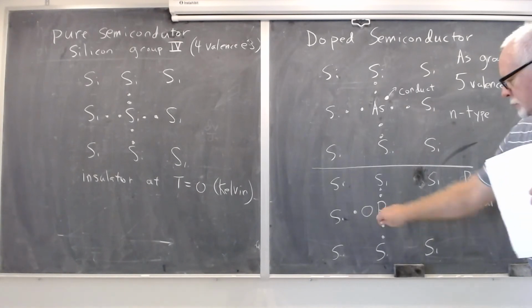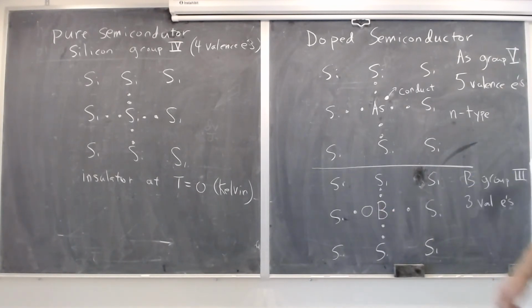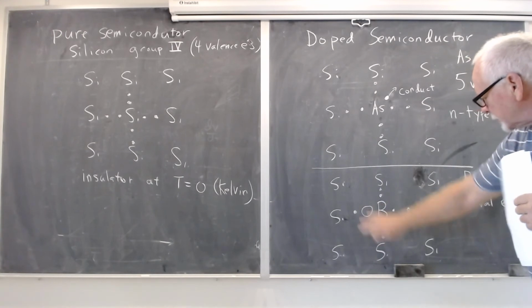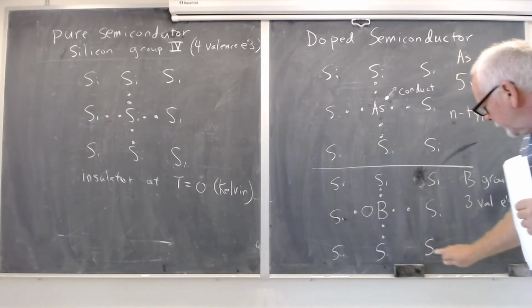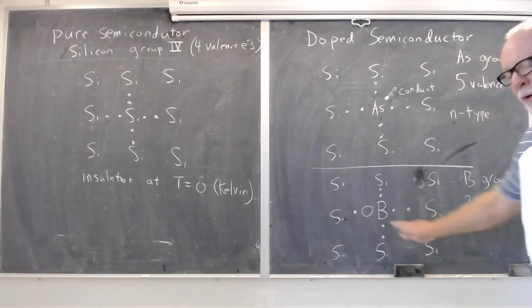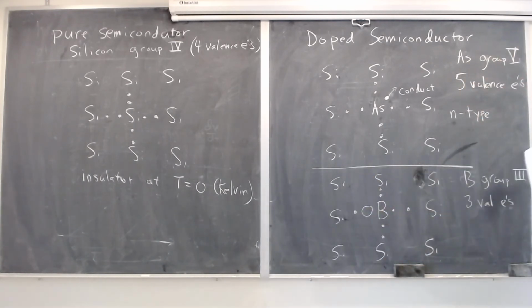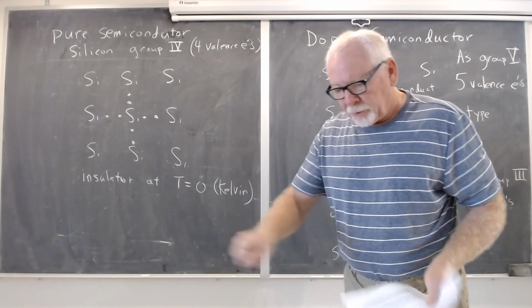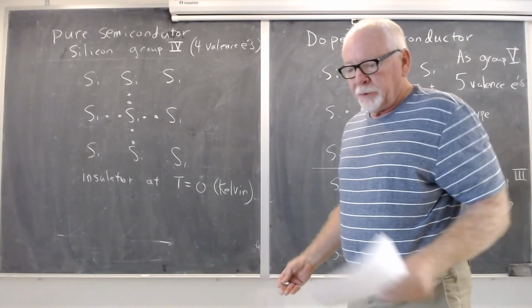And I drew a circle around it so it looks like a hole, and in fact that's exactly how it behaves. If I put an electric field on here, I can make that electron move into that bond, and then an electron from down here can move into that bond, etc., etc. The way I was taught this, and I think the easiest way to look at it, like I explained yesterday in the chat session, is that you have a billiard or pool table, and insulating silicon is like that pool table completely filled with billiard balls, and none of them can move because it's all filled.